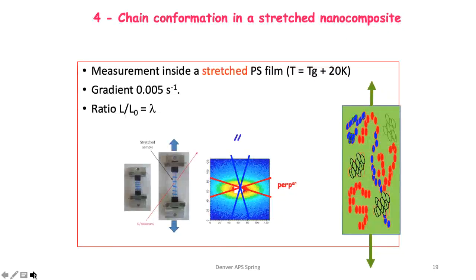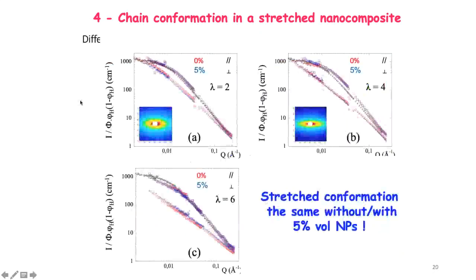And second, I want to show you several cases for the same mixture, but under different elongation ratio, 2, 4, and 6. And in any case, you can compare the red symbols here, which correspond to the non-filled system, and the blue symbols, which correspond to the filled system.